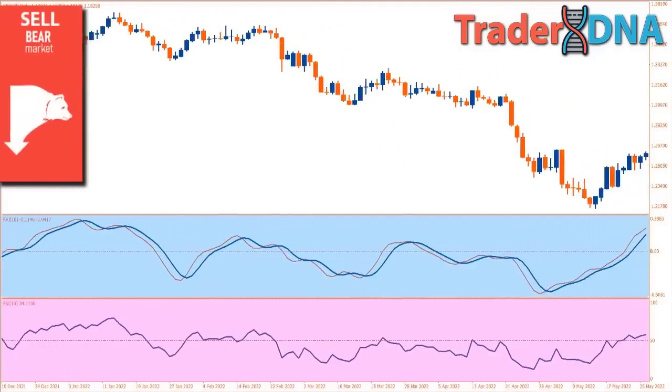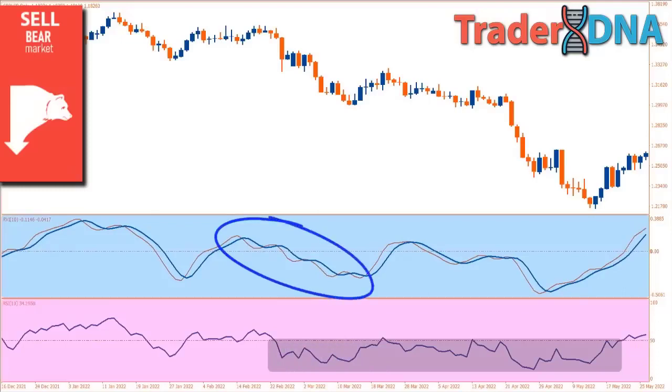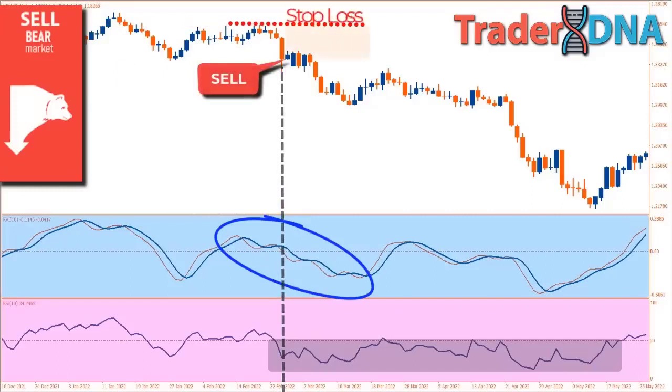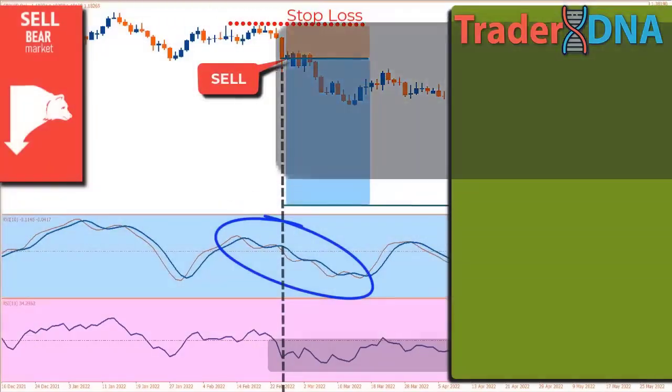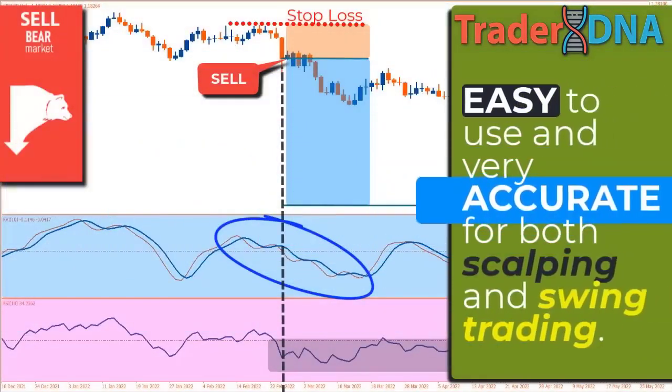We'll wait for the RSI to reach bearish territory, or below the 50 level, and then we'll watch for the RVI making a bearish cross. We can open a short position. This trading method is easy to use and very accurate for both scalping and swing trading. You can increase the accuracy of the strategy by using candlestick patterns as triggers to open positions.